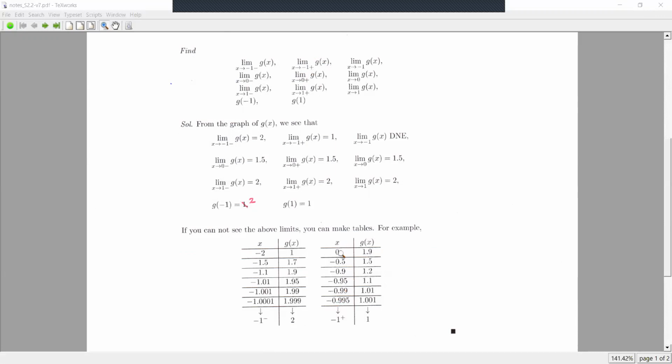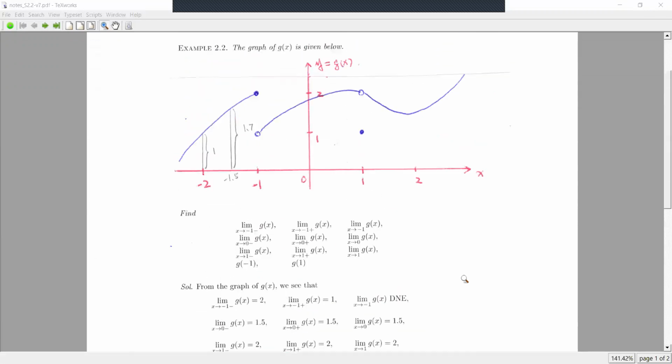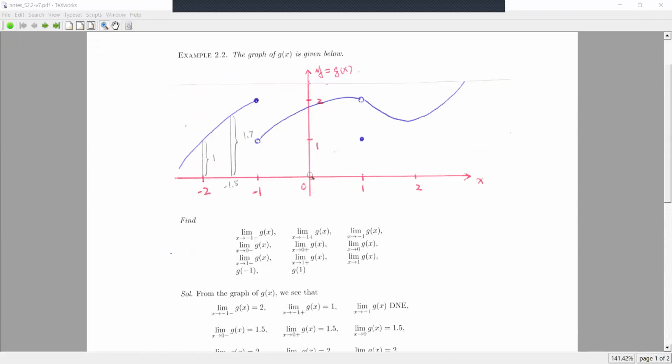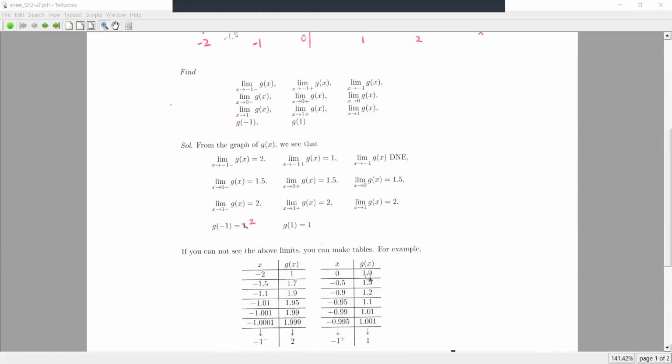When x is 0, let me see. x is 0 here. The function value at this point is the height of the graph at this point. The height of the graph at 0 is this height, the function value, the y value. This height, my guess, is about 1.9.